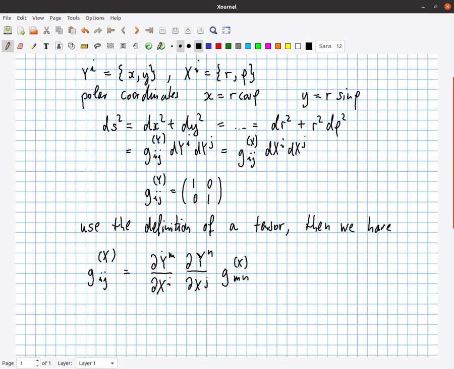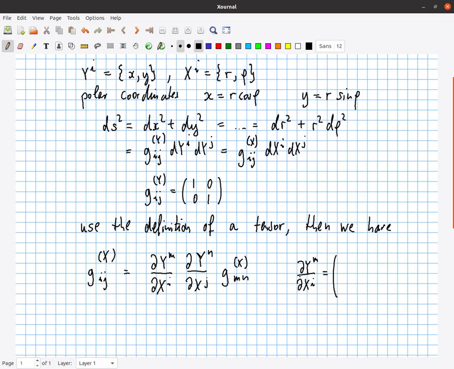To do this, we need the matrix of first derivatives of the coordinate transformations. So if we start computing the 1, 1 component, so y1 is x, x is r cos phi.